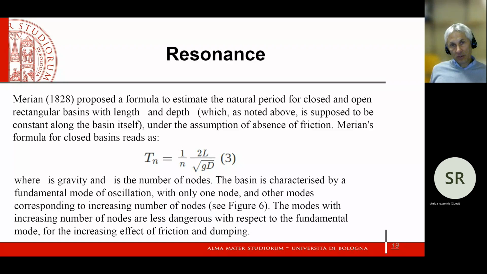the standing wave period. Now, there is a question here. What is the number of nodes that I have to assume? Of course, the number of nodes depends on the period of the incoming wave, because the standing wave is generated by an incoming wave that is reflected.